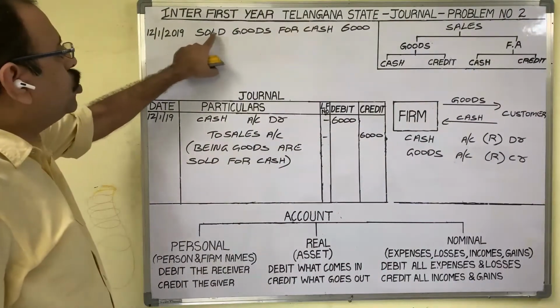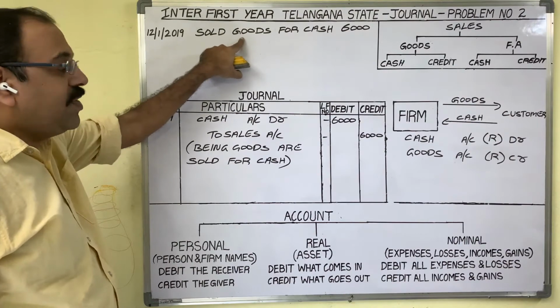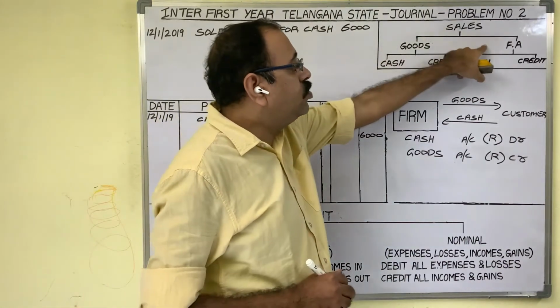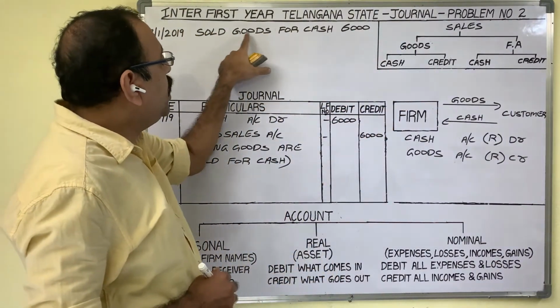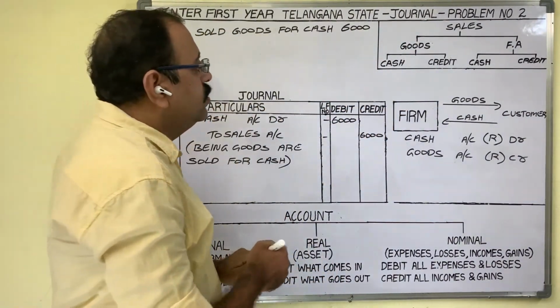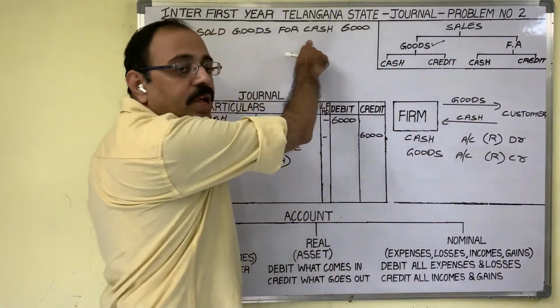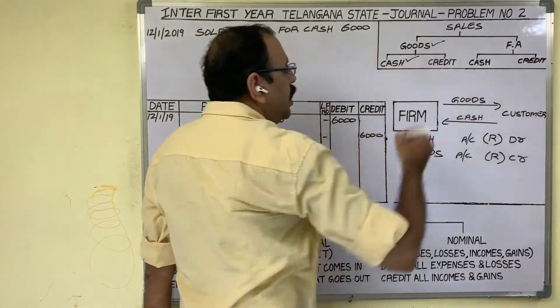12th day, sold goods for cash 6,000 rupees. Sales transaction is given. 2 points we should observe now. What they have sold and how they have sold. Clearly it is giving that goods are sold. And the customer name is not available. Means it is a cash sale.